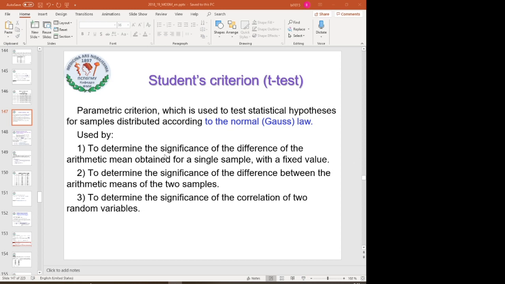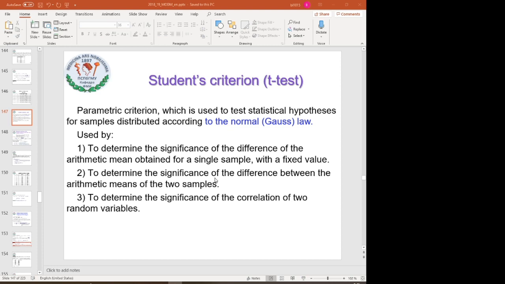We will look at three variants of Student's criterion. The first one is to compare one sample with some number. For example, if we measure temperature in the English medium group and compare the mean value with 36.6, then we should apply the Student's test for a fixed value. Another one is the Student test for two samples.